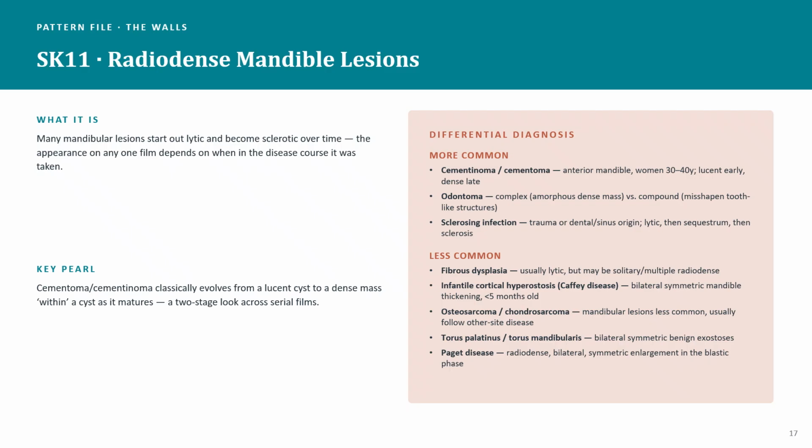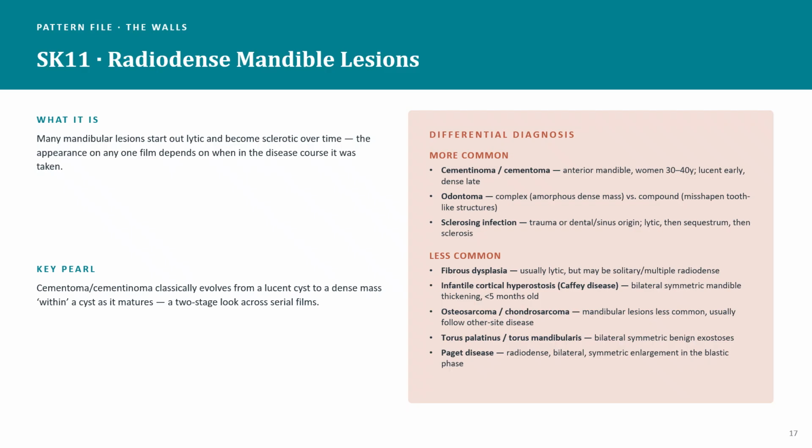And then later on, as we continue with imaging, they might become white as new bone starts to develop or calcify. A good example of these is cementoma, where we can start as a dark area and gradually become a dense, white mass.